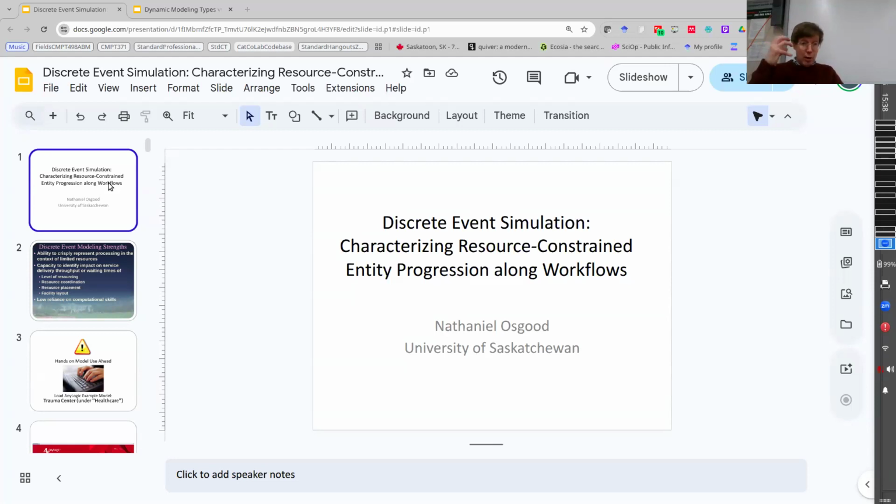ABM modeling, a larger vocabulary that allows us to specify an incredibly vast range of models. Discrete event simulation is more focused on resource-constrained progression of entities along structured workflows with an eye towards assessing the impacts of resource availability, placement, workflow design, and prioritization on impacts on service length, throughput, availability, quality of service, etc.